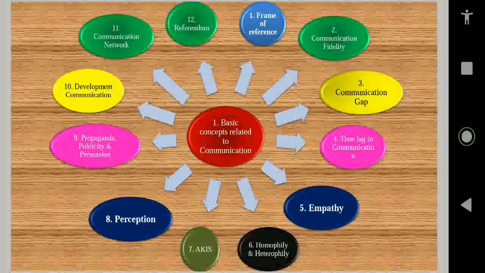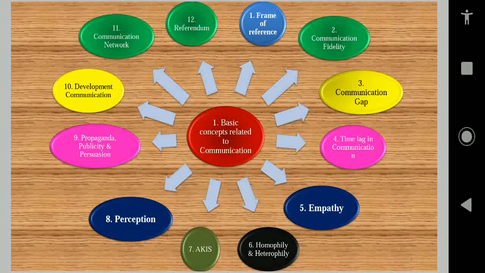Okay, next come to communication fidelity. What is communication fidelity? According to Wallow 1960, Wallow has given the definition of fidelity. According to him, fidelity is the faithful performance of the communication process by all its elements. What are the elements?